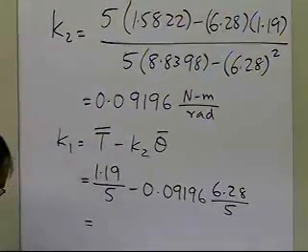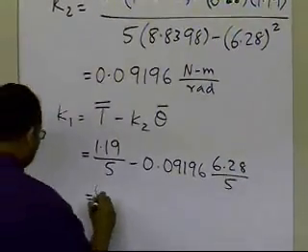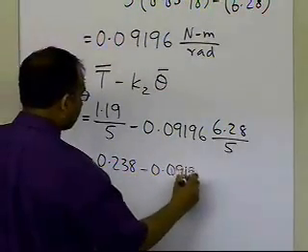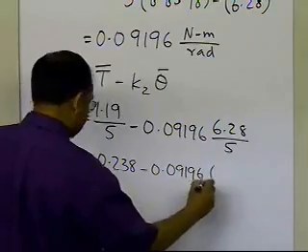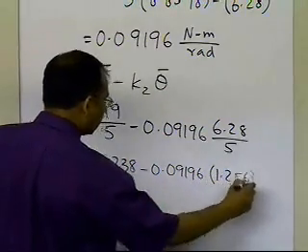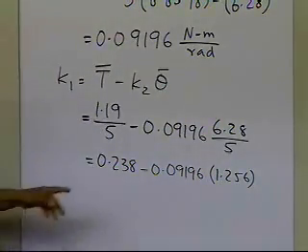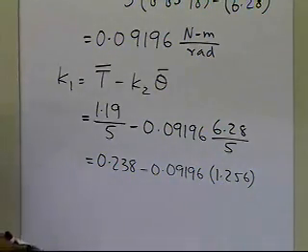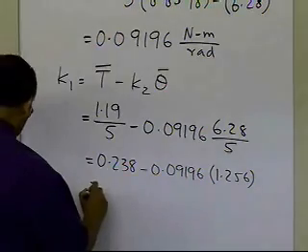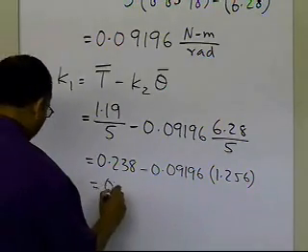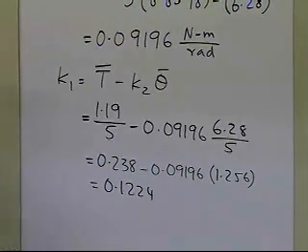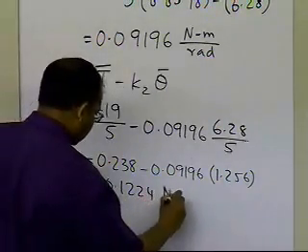This turns out to be 0.238 minus 0.09196 times 1.256. I'm writing this step just to show you what the average value of torque and the average value of theta are in the relationship. So I get K1 equal to 0.1224. That's the value of K1, and the units of that are simply Newton meter.